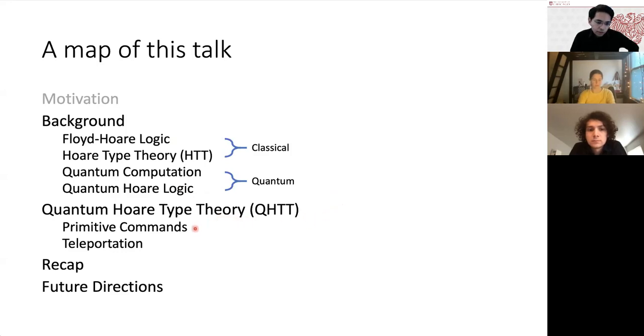And I'll share the rules for primitive commands for quantum computing that we introduce in this work. And the main example will be showing verification for teleportation. Finally, I'll recap and suggest a lot of interesting future directions. I mean, this work is nowhere near the ideal we would like to achieve if we want to enable programmers, really.